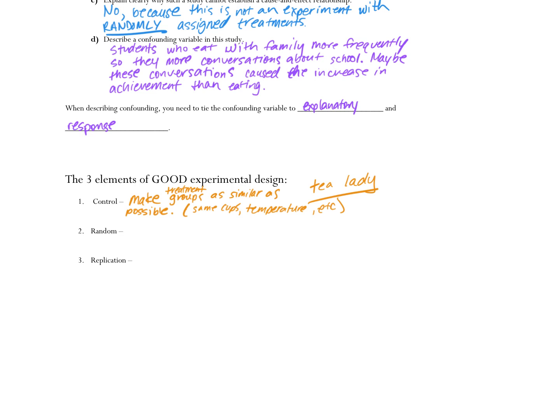Remove as many lurking variables as you can. So we didn't want her to be able to tell the difference based on some other characteristic other than what was poured first versus second. Make them as similar as possible.